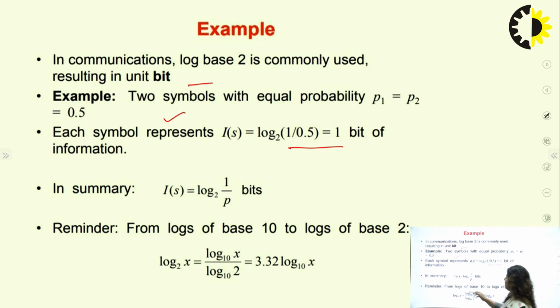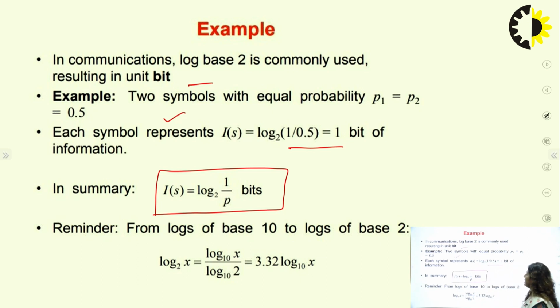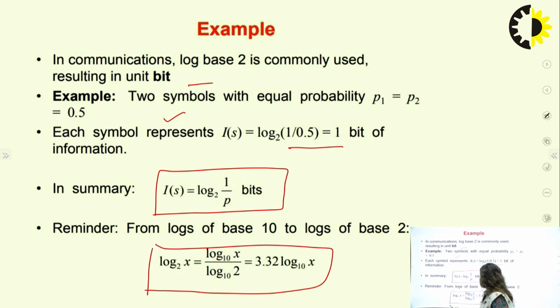So we can define the information I(S) is equivalent to log 2 1 upon P. As a reminder, to change from log base 10 to log base 2, we use this formula: log x base 2 is equivalent to log x base 10 upon log 10 2, which is around 3.32 log x base 10.